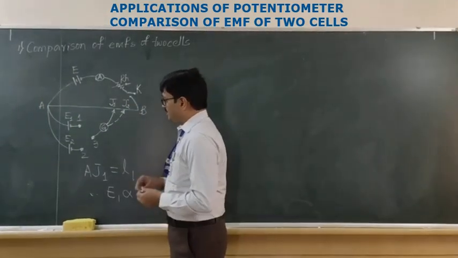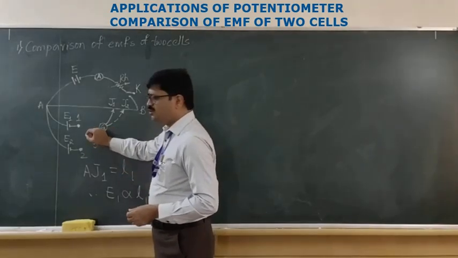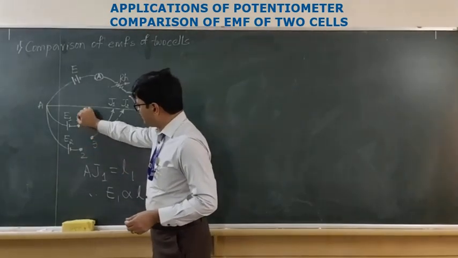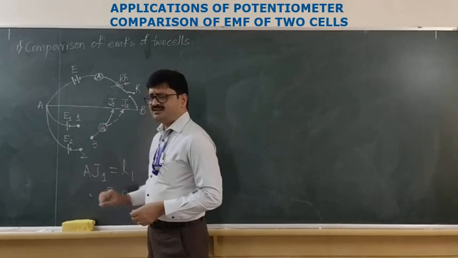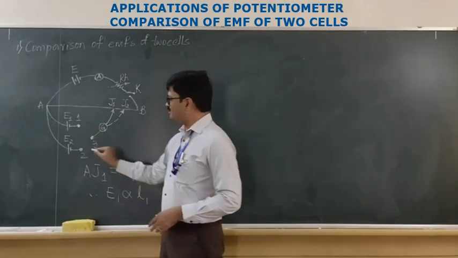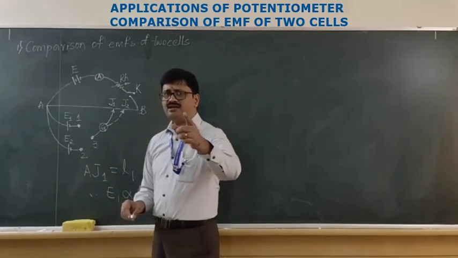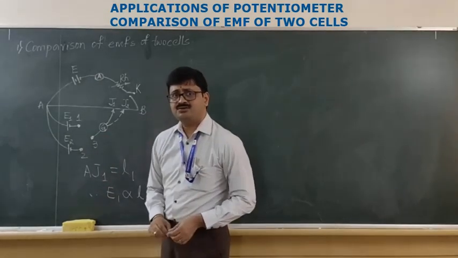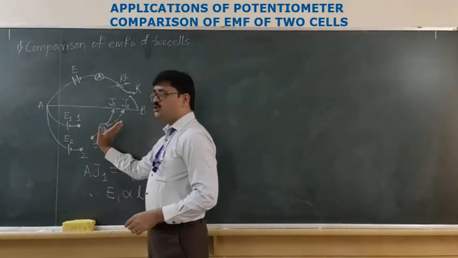Now, secondly, I will disconnect 1 and 3, then I will connect 2 and 3. When I make connections between 2 and 3, now cell E2 is engaged in the circuit. So again, the galvanometer will show a deflection.